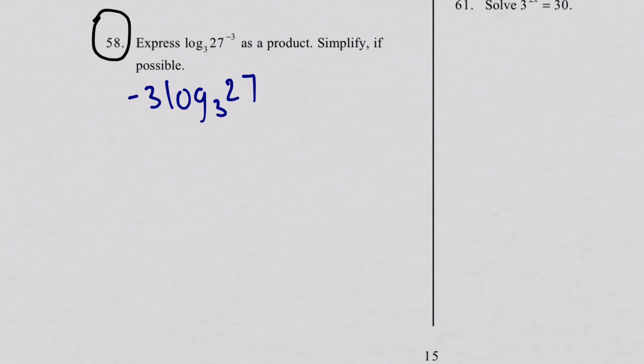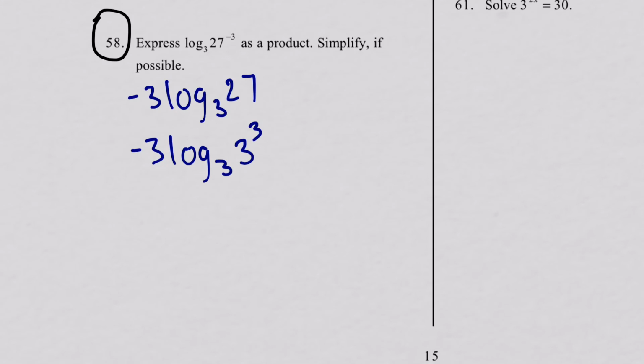Then I notice that 27 is a power of 3. That's something that you guys should start looking out for, right? The base is 3, and this is a power of 3. So I can rewrite it as negative 3 log base 3 of 3 cubed. That's a lot of 3's. Right, 27 is 3 to the 3rd power. 3 times 3 times 3.